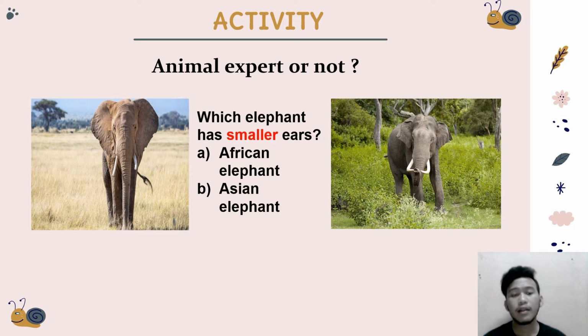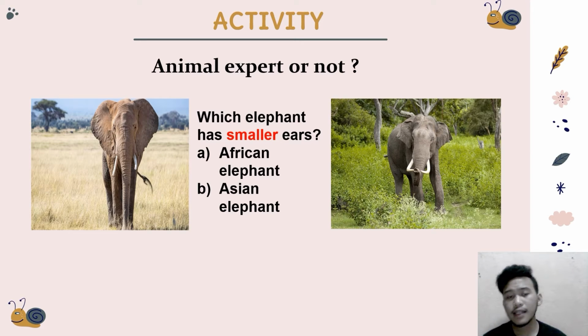Okay. The first picture shows an African elephant, and the right picture, the Asian elephant. So the question: which elephant has smaller ears? Can you see from the picture? Yes, you can see, right? The Asian elephant is a little bit smaller than the African elephant.